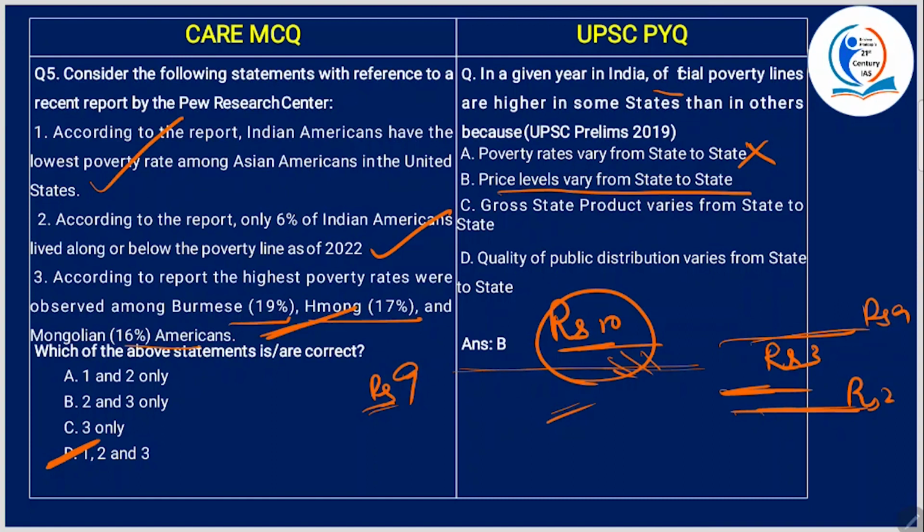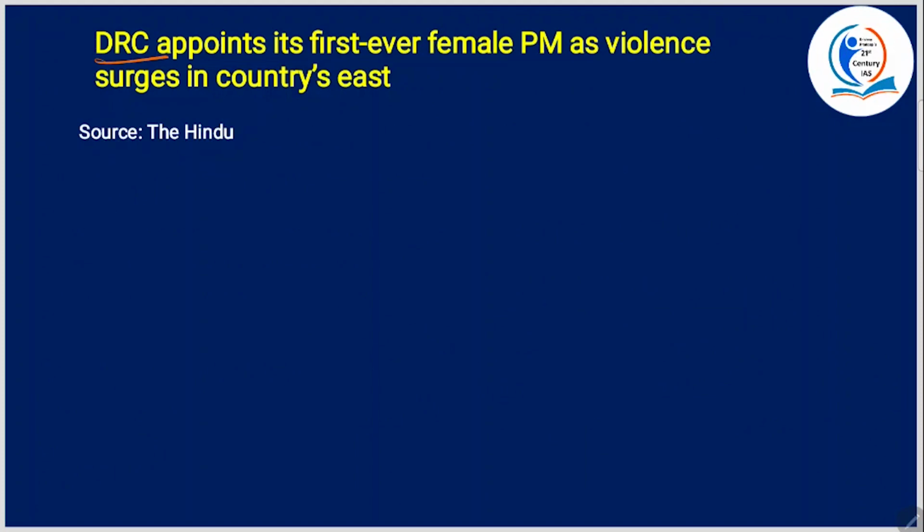He'll be above the poverty line. So some states will have a higher poverty line at rupees 9 than other states at rupees 2, because the price levels vary from state to state. Got my point?